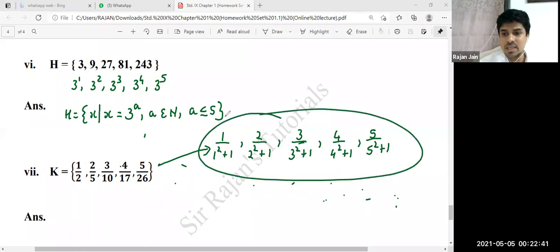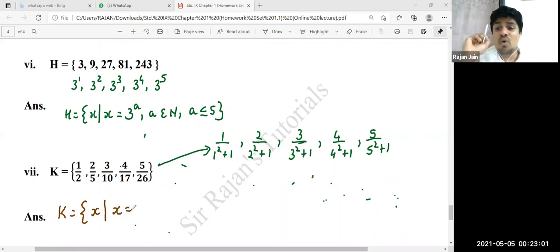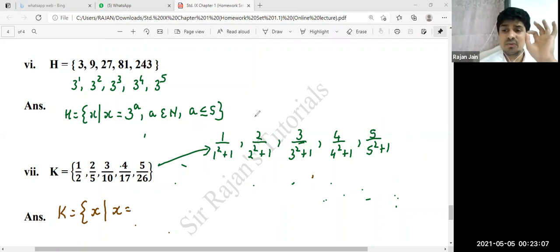Okay, now looking at this, let's try to understand how to write the set builder form. Okay, I will say K is a set of all x such that x is equal to, now see how to develop the formula. Looking at all the elements, one thing is confirmed: it is a fraction, so something will come in the numerator and something in the denominator. My numerator is also changing, the plus 1 in the denominator is fixed, but the first number is changing.